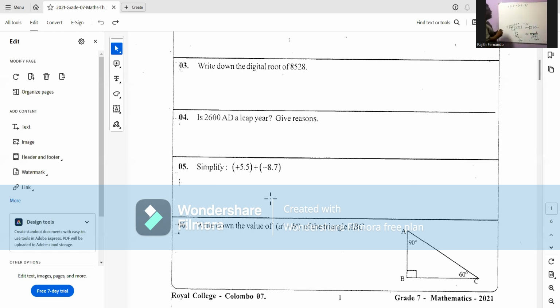So you subtract 8.7 minus 5.5, then 3.2 is the answer. But you have to use the sign of the biggest number. The biggest number is 8.7, that is minus. Therefore, you have to use the minus here. The answer is minus 3.2.